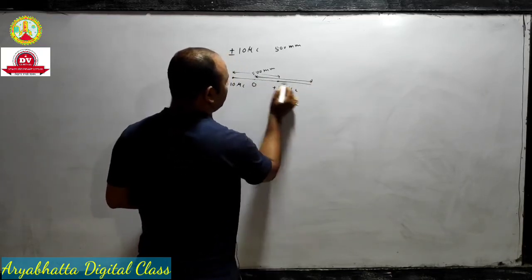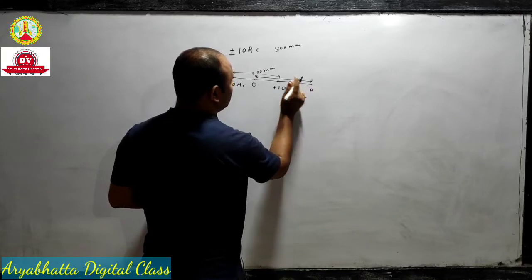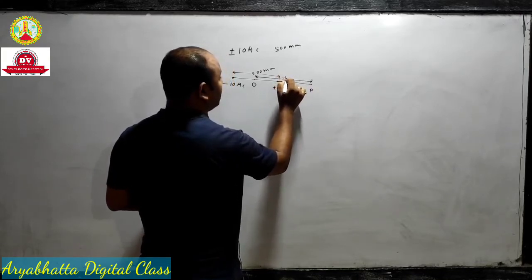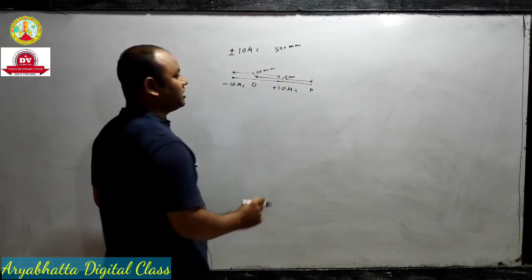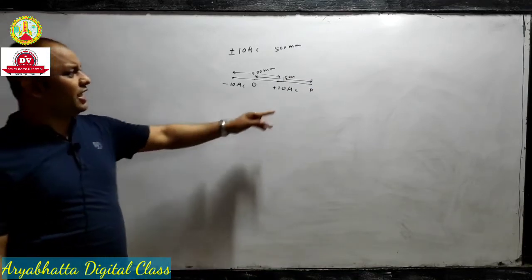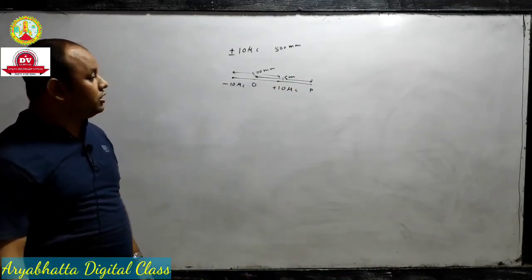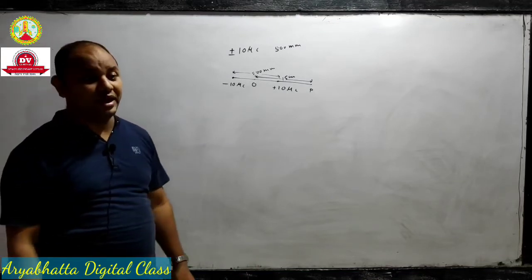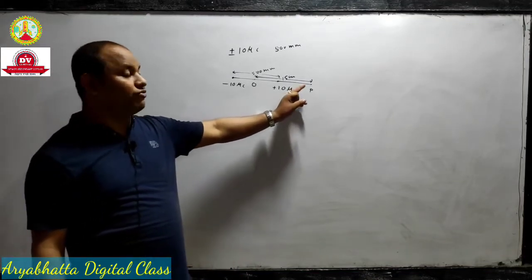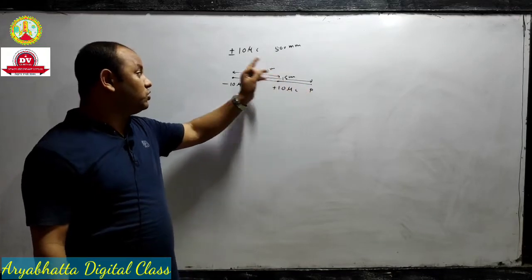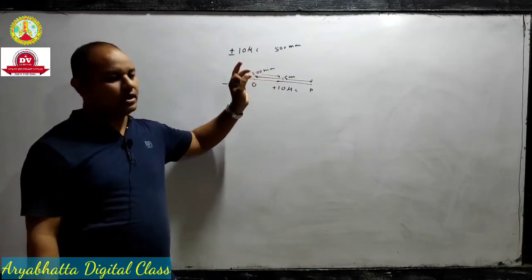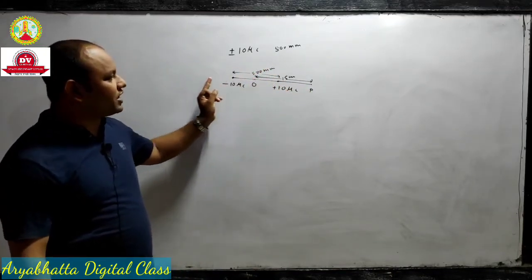Suppose this is the point P, which is at a distance of 15 centimeter from the center O, and this is any point on the axial line. In this question we need to calculate the value of electric field at this point due to this electric dipole.